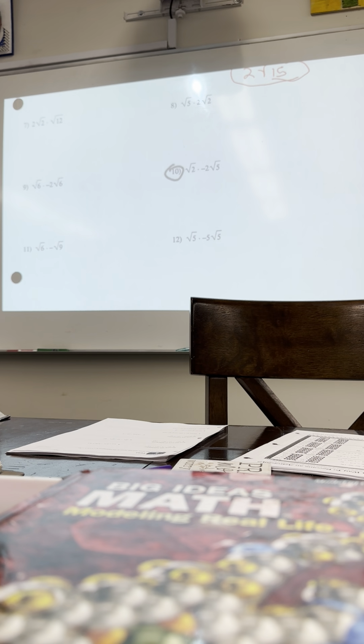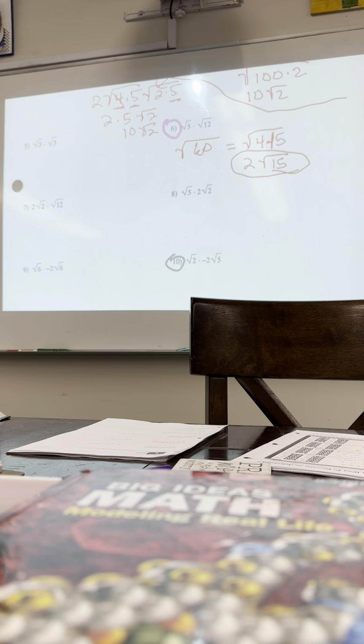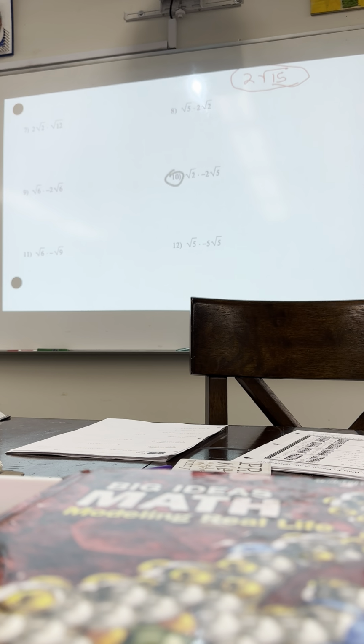Okay, now I choose this one because this one has a number on the outside where the others that we did not, okay? If they're on the outside, you don't multiply with the ones on the inside, okay? Jason, you do this one.